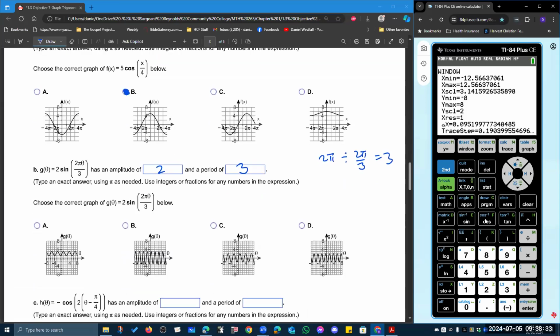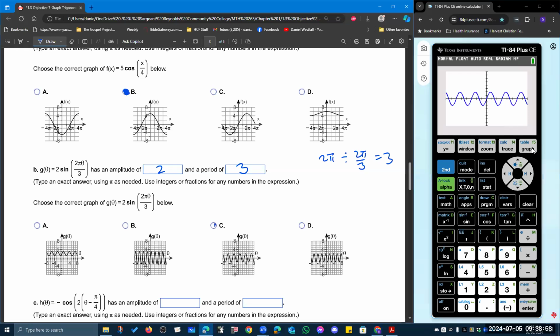We're going to go from negative 8 to 8 by 1s, and negative 8 to 8 by 1s. And that is C.